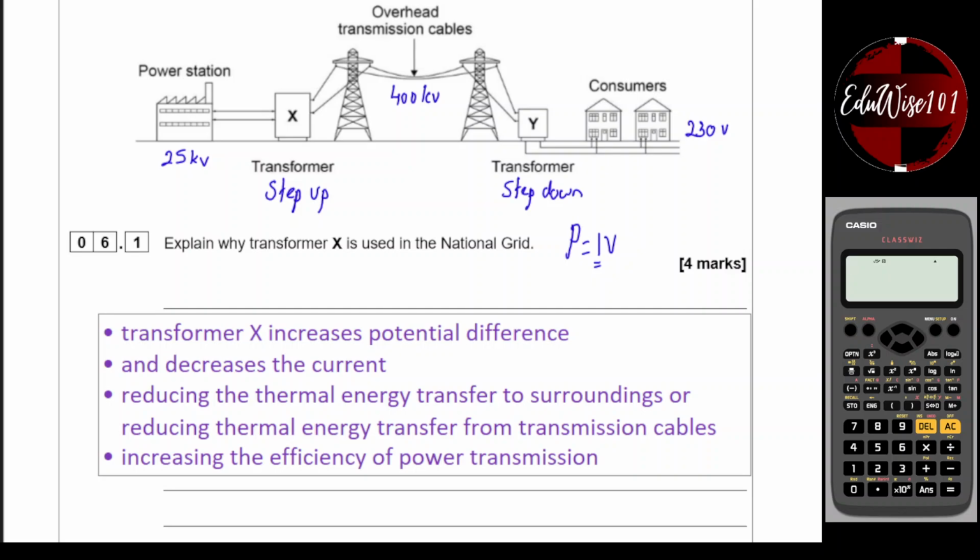Transformer X increases the potential difference and decreases the current, reducing the thermal energy transfer to the surroundings, or reducing thermal energy transfer from the transmission cables, so increasing the efficiency of power transmission.